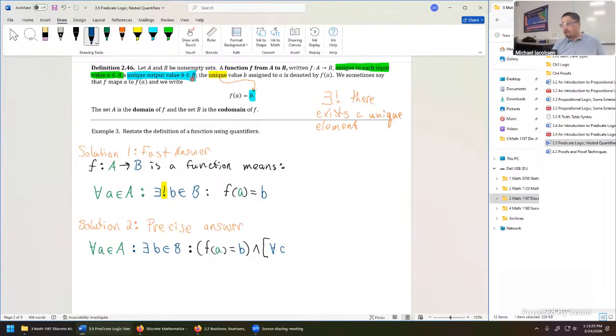For every element C inside the codomain B, such that F maps A to C. If this happens, this will imply right away that B must be equal to C. So this is the essence here of uniqueness.